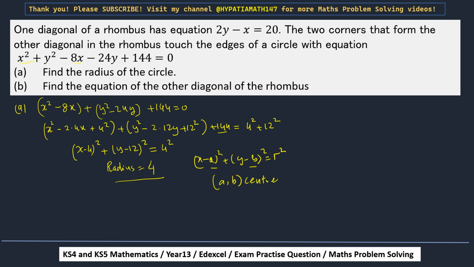So we know the radius is 4, so the answer to the first part is radius equals 4. And we also know the center of the circle, so the center would be (4, 12).